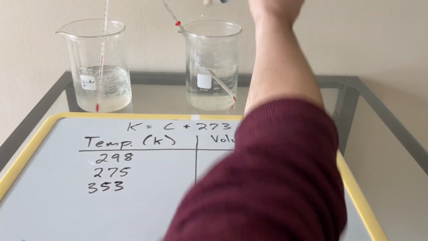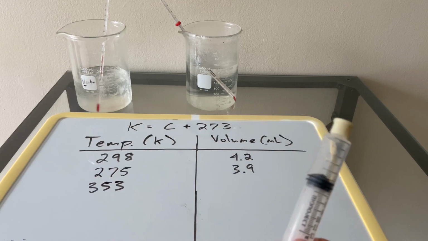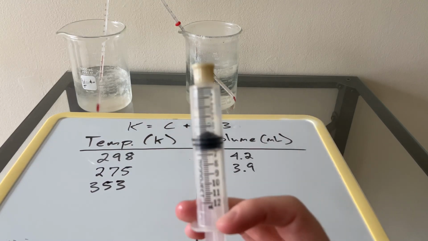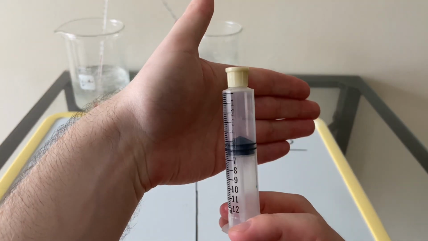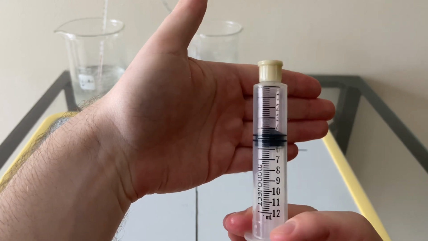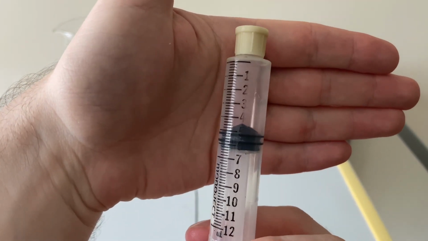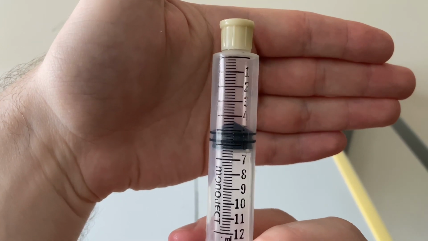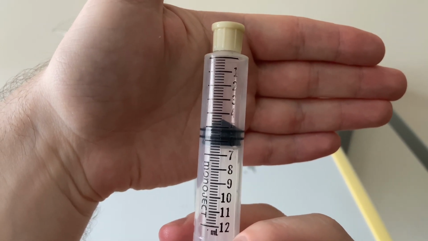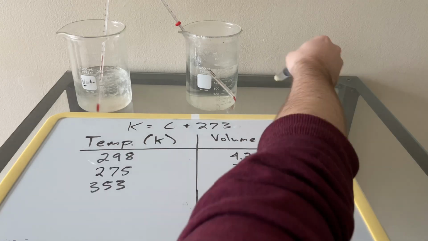Add 273 to that, and you get 353 Kelvin. Now this is a noticeable difference in volume. And that plunger comes to about 5.2 milliliters for our hot water trial.